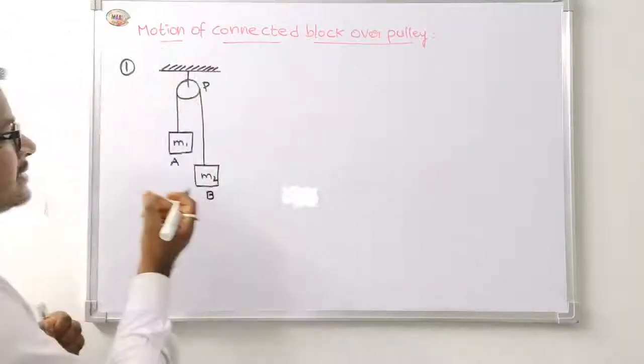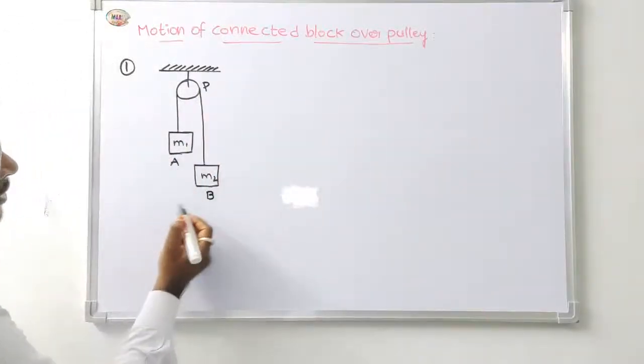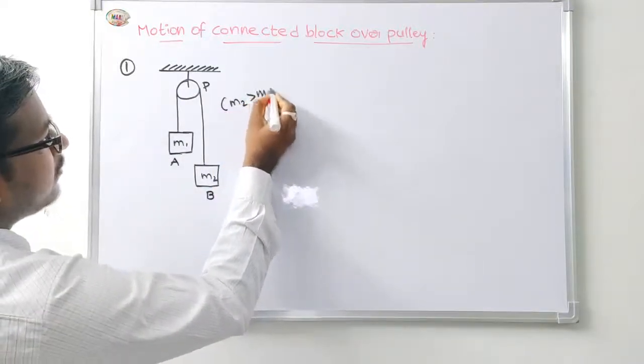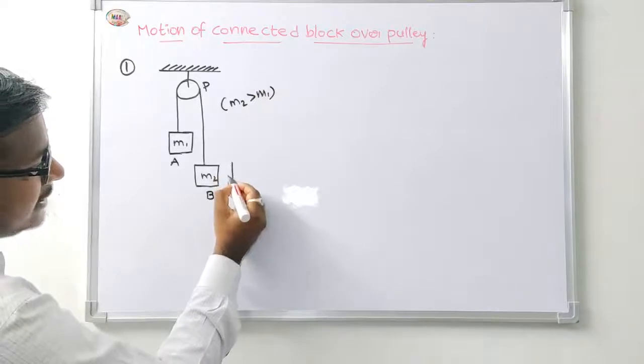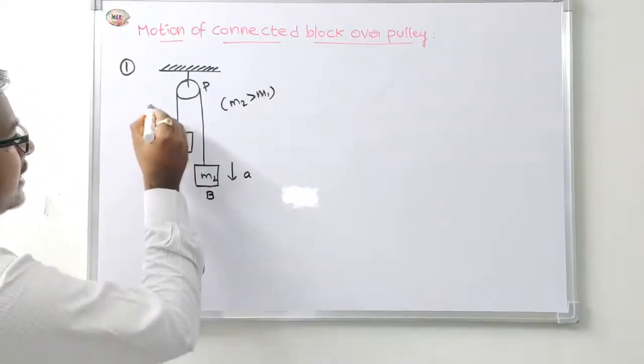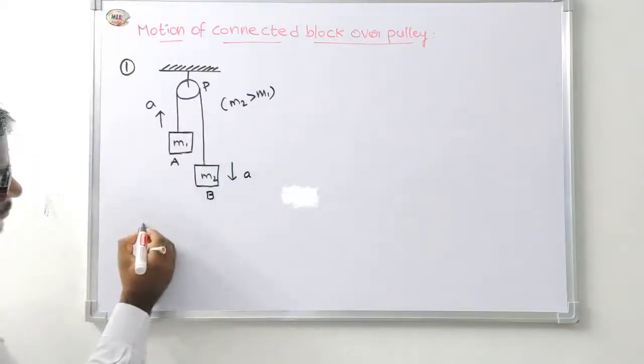Okay, so very simple in this condition. First block M1. Here in this case M2 is greater than M1. Acceleration is acting in the downward direction on this side, and in the upward direction on this side.